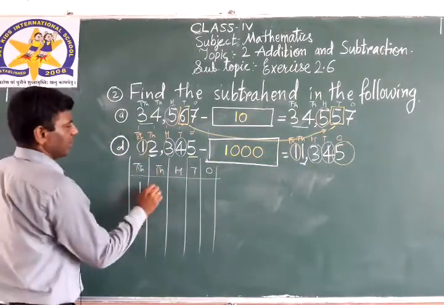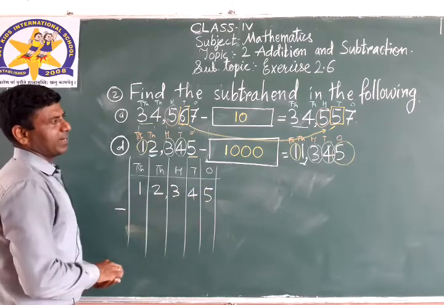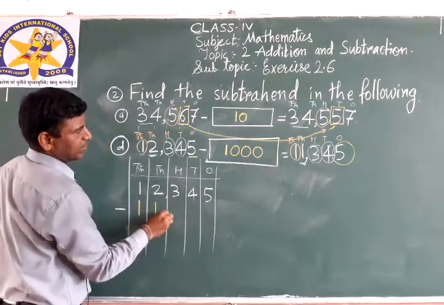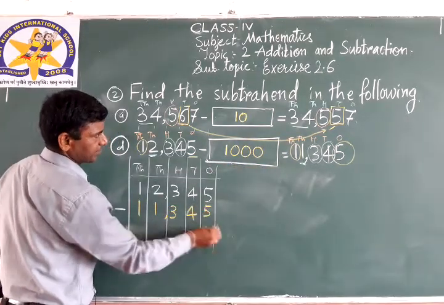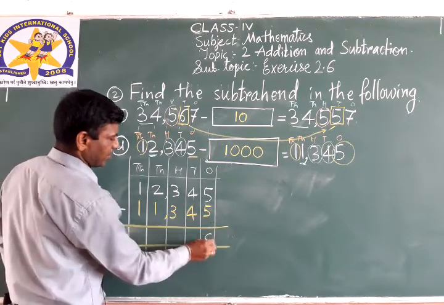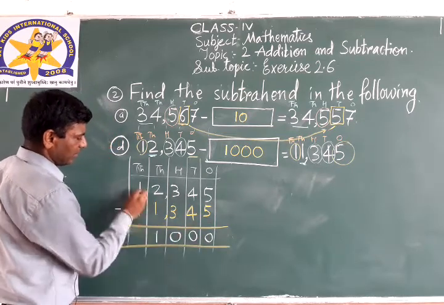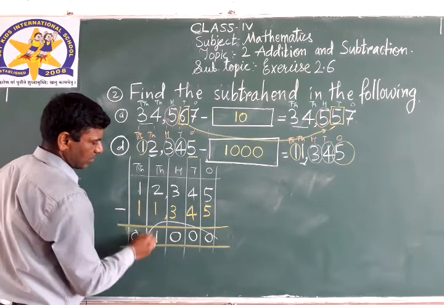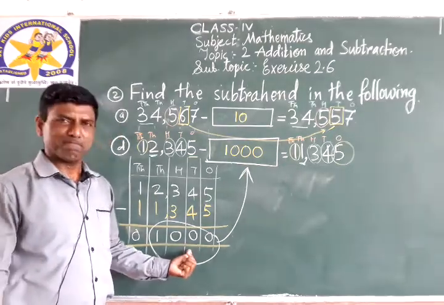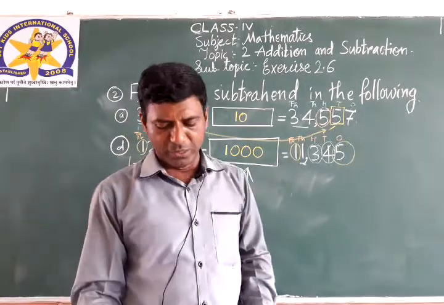What is the minuend? 12,345 minus subtrahend, the difference is 11,345. You will get the subtrahend. 5 minus 5, 0. 4 minus 4, 0. 3 minus 3, 0. 2 minus 1, 1. 1 minus 1, 0. Now what is the answer? Subtrahend 1000. Understand? Likewise, you will have to solve the remaining 2.